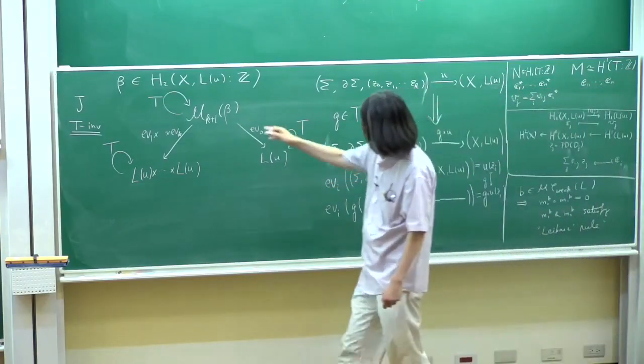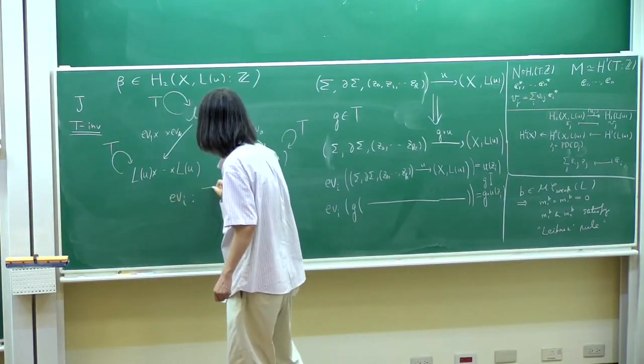Therefore, all these maps ev_i are T-equivariant.